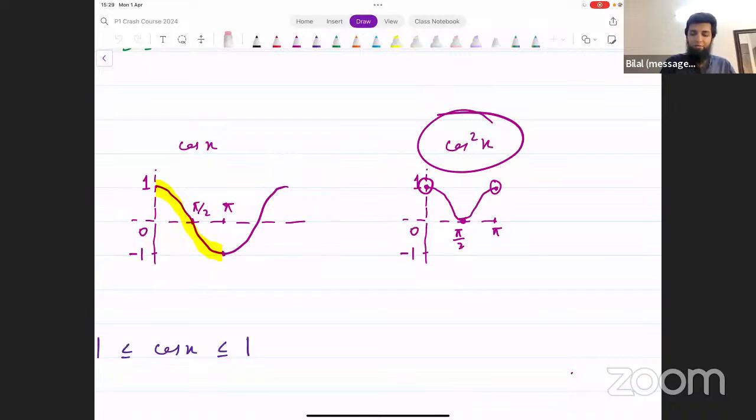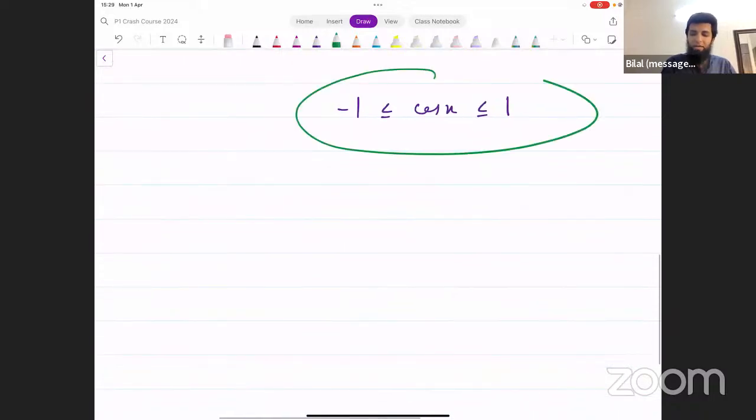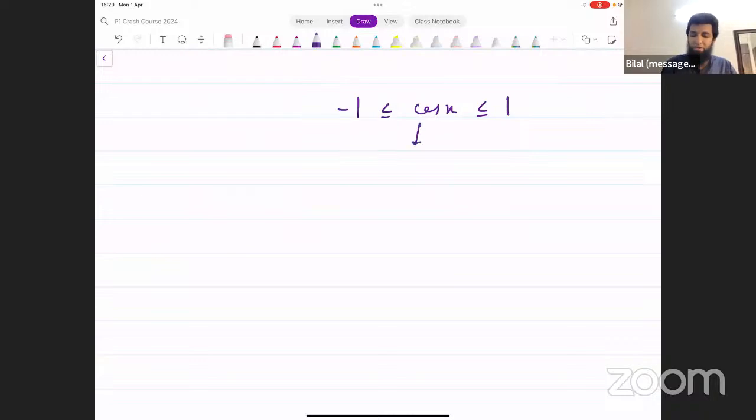So in cos of x or sine of x, we use -1 to 1. When you have cos square x, instead of -1 to 1, all you have to do is use 0 to 1.